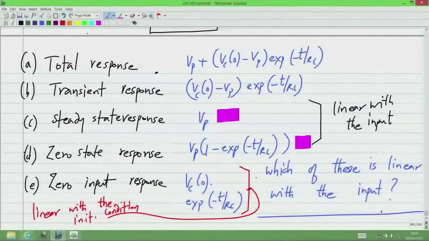The steady state response will be linear with the input because it depends only on the input, and the zero state response also depends only on the input, and it will be linear with the input. And the zero input response will be proportional to, or linear with, the initial condition. So that's what linearity means in this context.